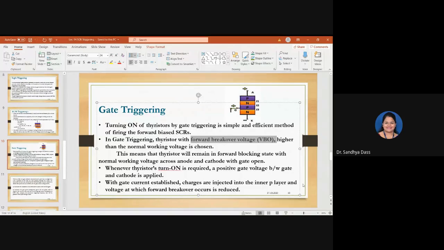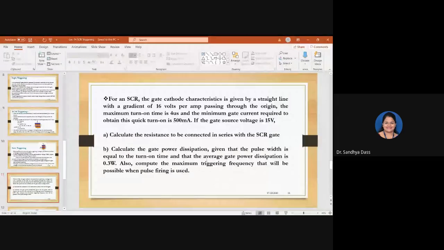Now we will pause here for a break. Break in the sense, I want you to give me the answers for the example problem we had in the previous session.